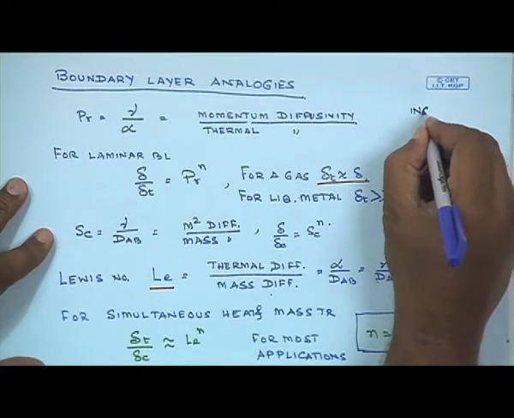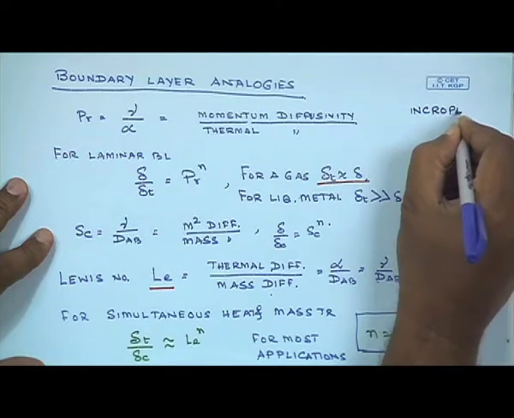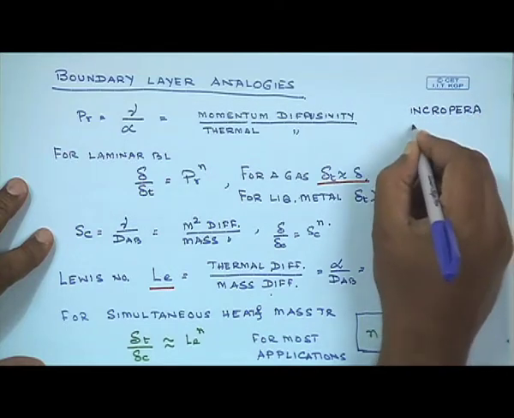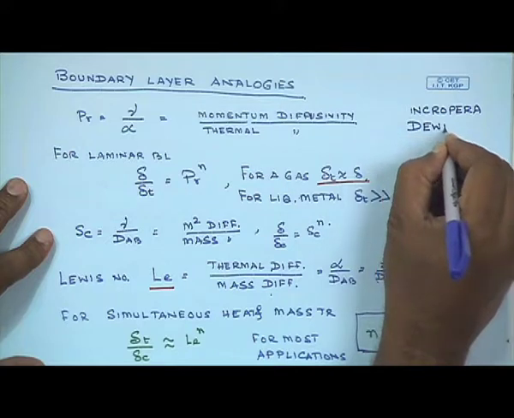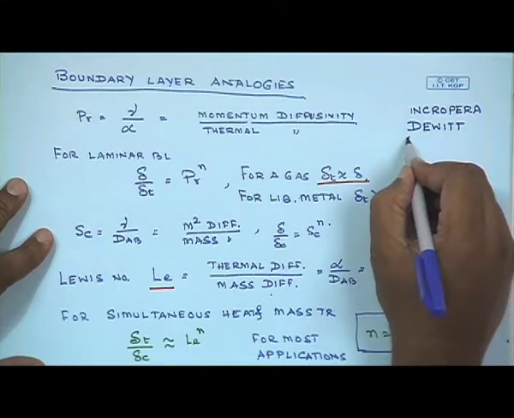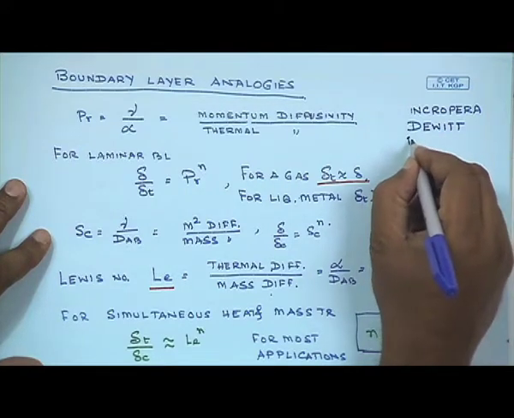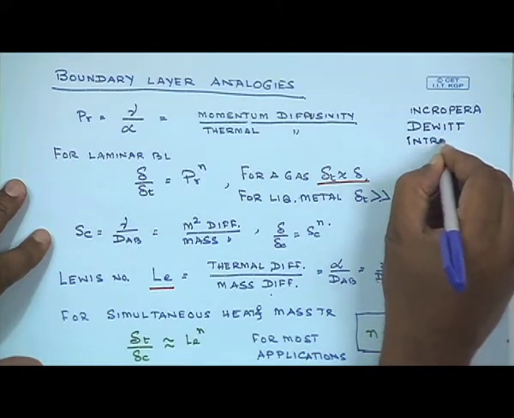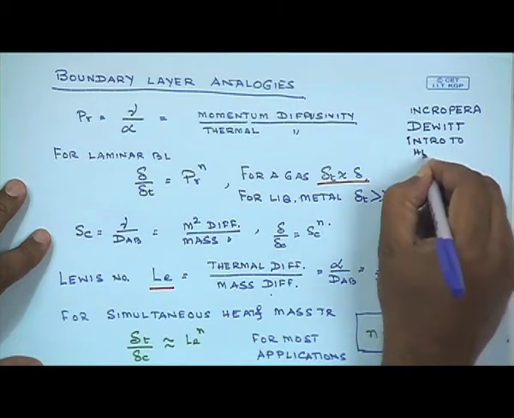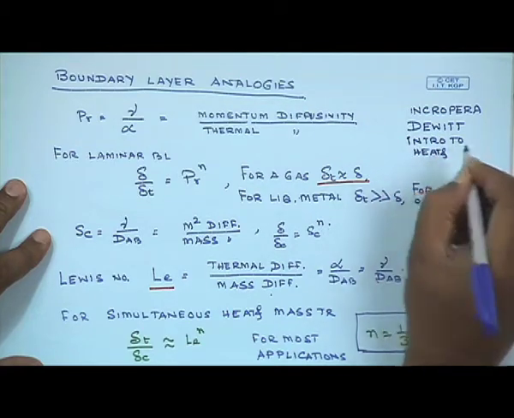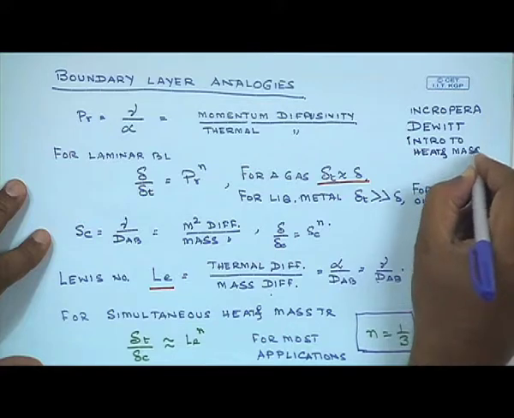Whatever I have taught in terms of the analogy is available in the book Incropera and DeWitt, which I mentioned at the beginning as the textbook for this course. The name of the book is Introduction to Heat and Mass Transfer.